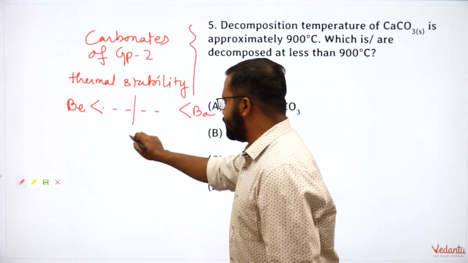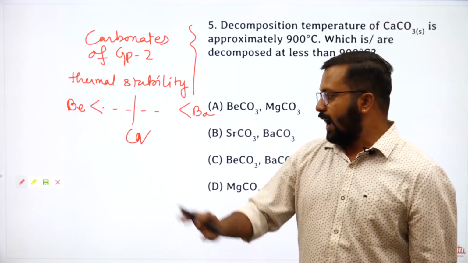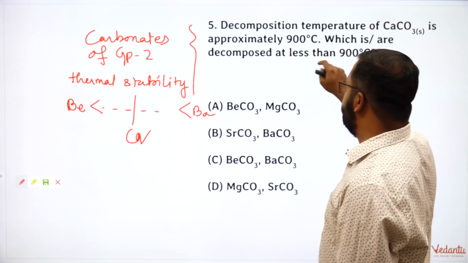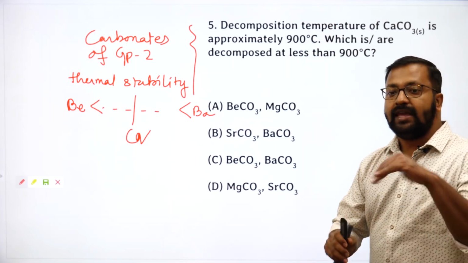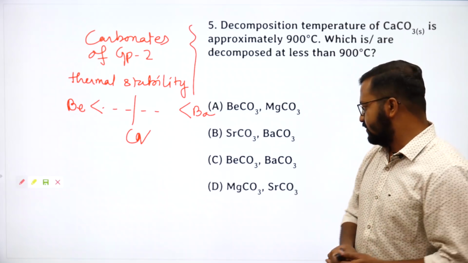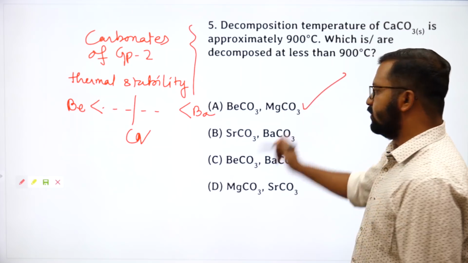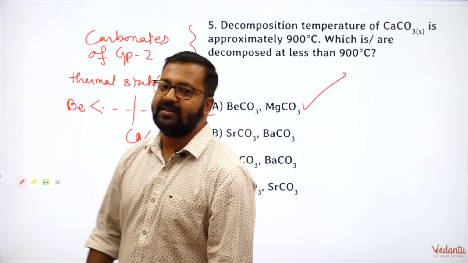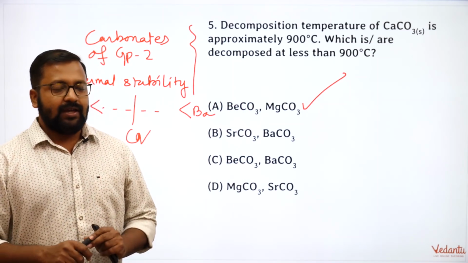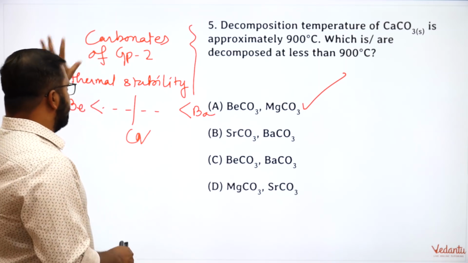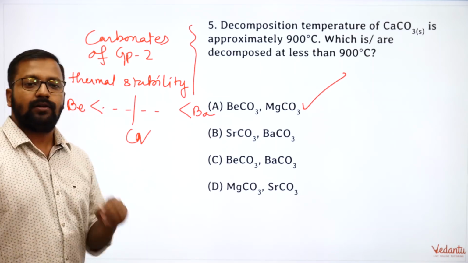So if calcium is somewhere over here and calcium is decomposing at a temperature of 900, what would decompose at a temperature less than that? बेरिलियम एंड मैग्नीशियम का होना चाहिए, तो आंसर शुड बी ए. Okay, so thermal stability of group 2 carbonates follows this order.